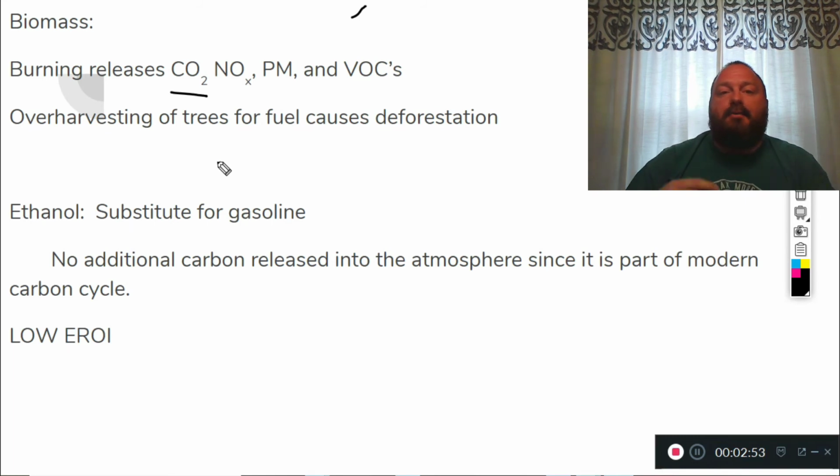With biomass like burning trees, though, that carbon dioxide does go up into the atmosphere and increase carbon dioxide levels, because the carbon has been stored within the tissues of that tree for years and years and years. So that's carbon dioxide that shouldn't be in the atmosphere. We're releasing that by burning the biomass. So the more trees we cut down and burn, the more carbon dioxide levels we have in the atmosphere.